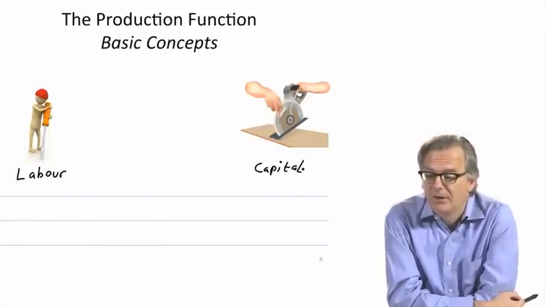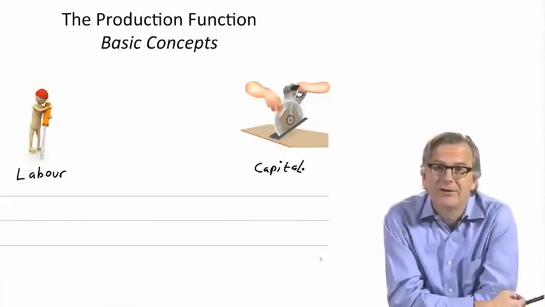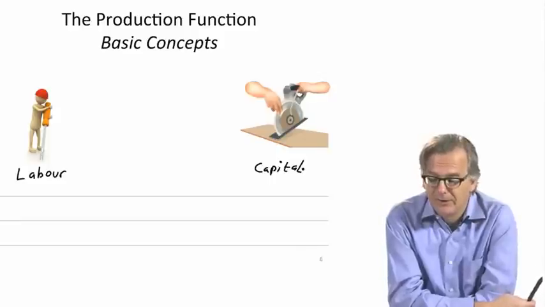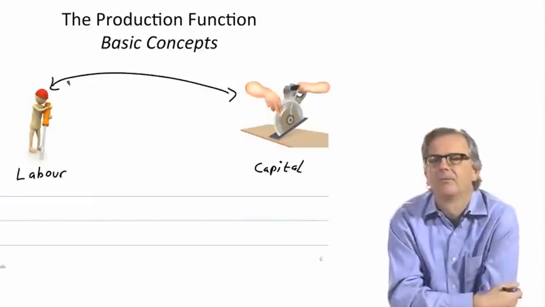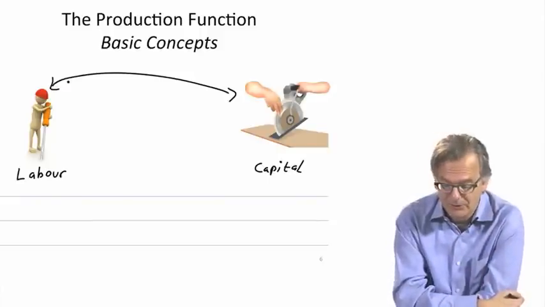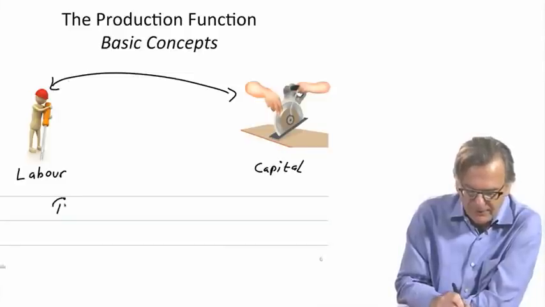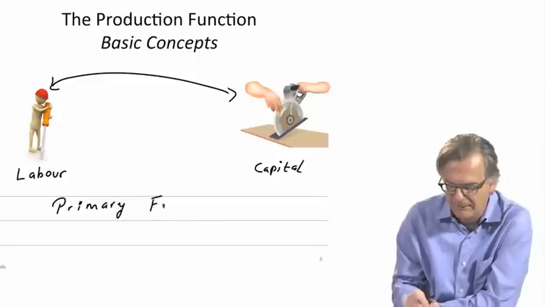When I speak of capital, I'm talking about the plant and equipment, the machinery, if you like, and the factories, the physical, tangible infrastructure and equipment that firms use in order to produce output. And you can think of a firm as bringing together these two factors of production, combining workers with capital, or combining capital with workers. The two are very closely intertwined in order to produce output. Labour and capital collectively are often known as the primary factors of production.